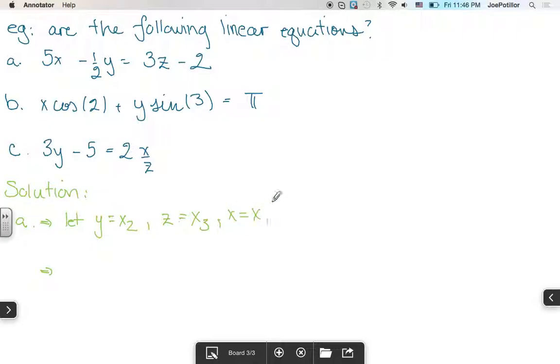x is equal to x1. So that just becomes 5x1 minus 1/2 x2 equals 3x3 minus 2.